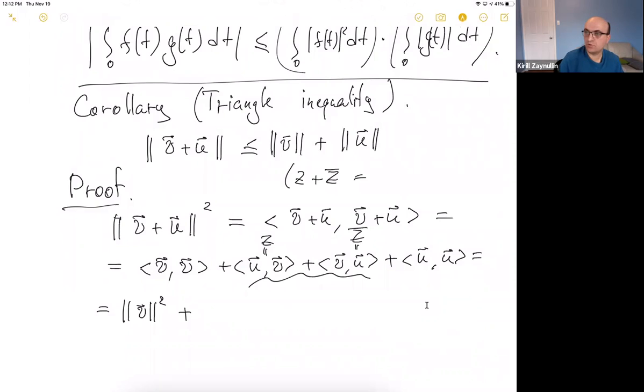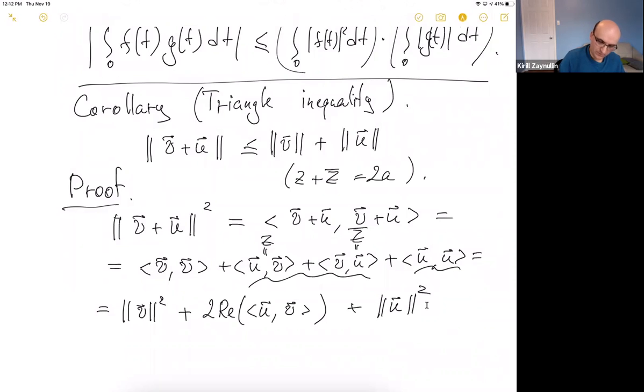This is always a real number. This is 2 times the real part of z, right? So one can write it down like this: 2 times the real part of this complex number, plus, of course, this U comma U, which is just the square of the length of U.